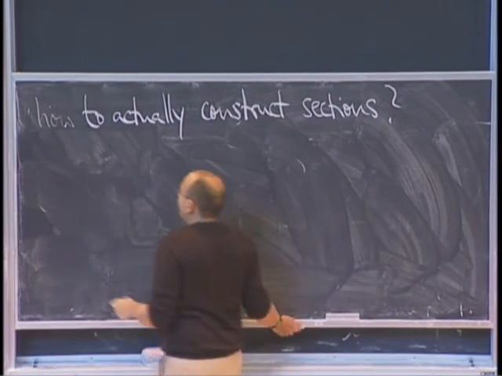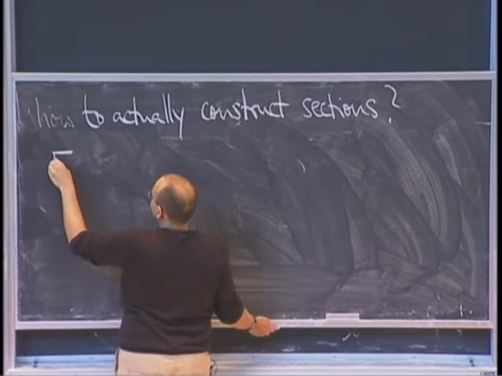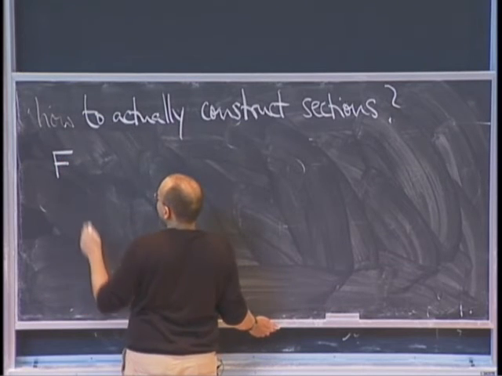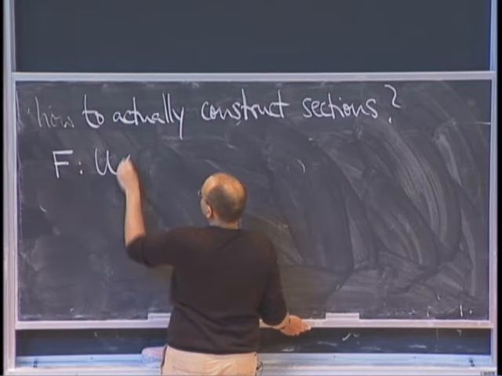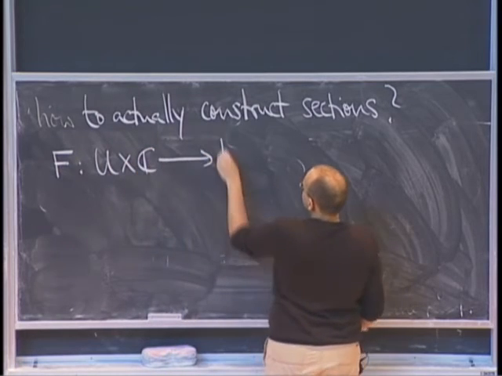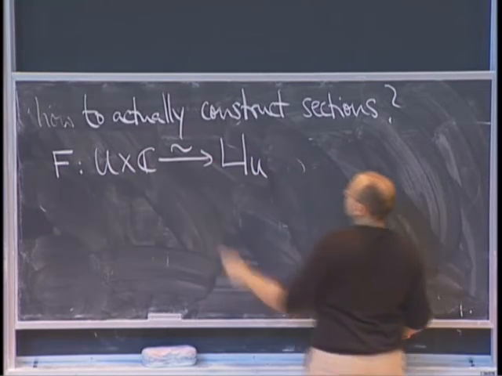So I take my line bundle, I trivialize it locally. So F is U cross C. That's my trivialization.